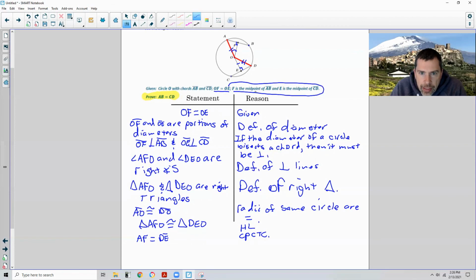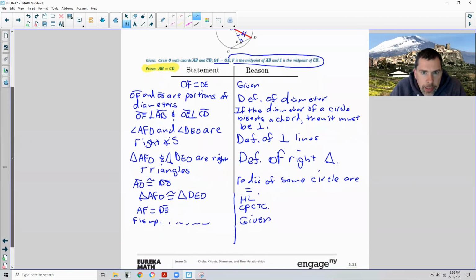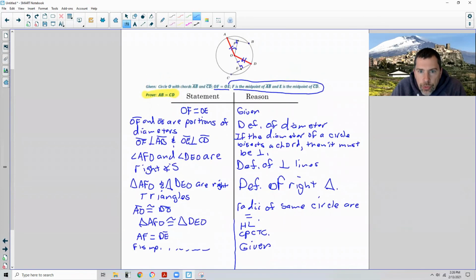All right, now we want to say this. Okay, so I'm not going to take the time to write that. F is the midpoint of AB and E is the midpoint of CD. I'm just saving time here, and let me just extend this. That is given. Okay. So that said, now we can say the whole thing, since those are midpoints of that. Then now we can say AB equals CD. And that's what we were trying to prove right here.